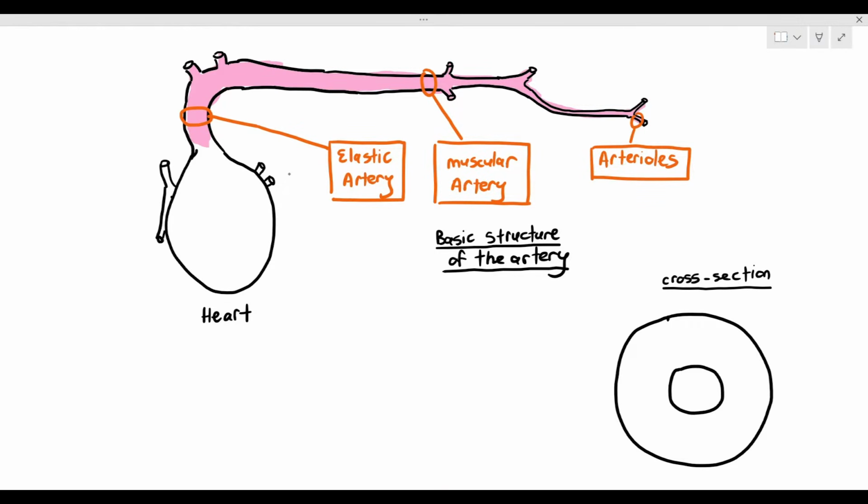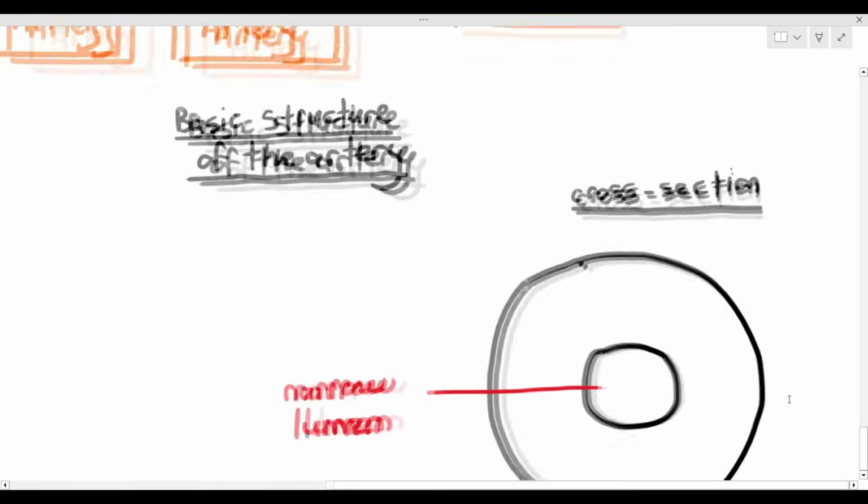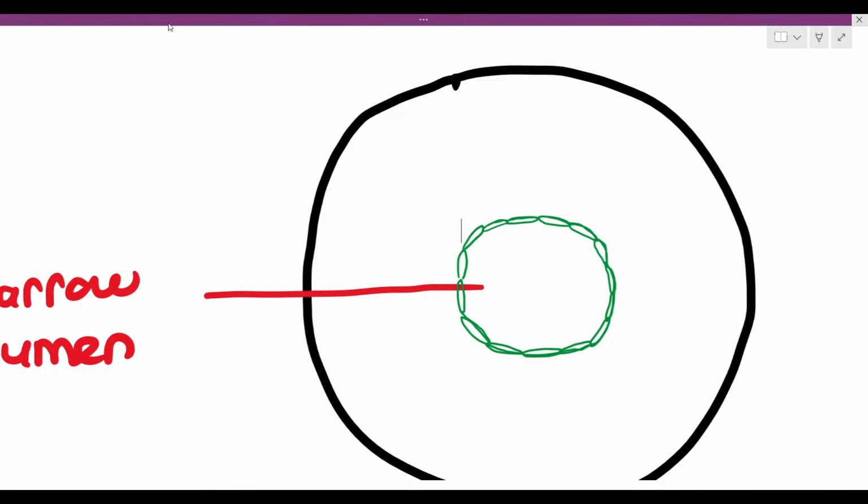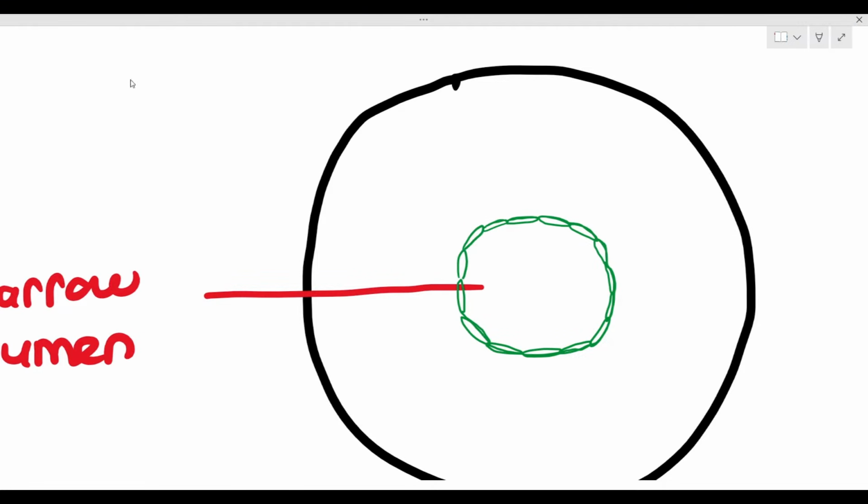So in the cross section, remember, it has a very narrow lumen, and the inner wall is made up of a layer which is known as a 1-cell thick endothelium. The 1-cell thick endothelium's function is to minimize friction in blood flow as the blood is moving through the artery at high pressure.